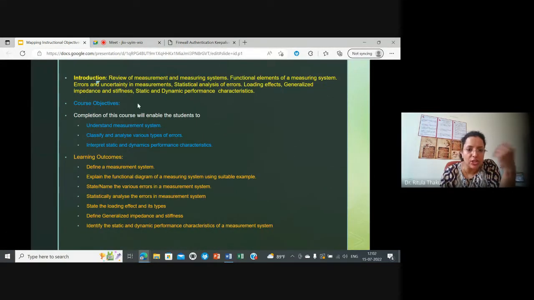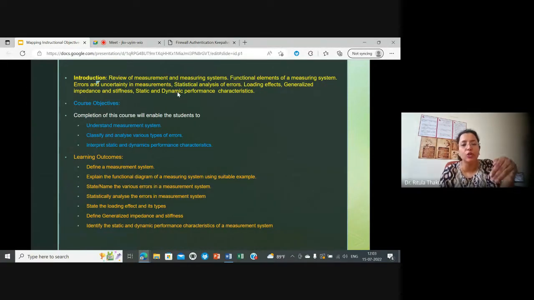From this particular chapter, I have made 3 course objectives. For example, completion of this course will enable the students to understand the measurement system, classify and analyze various types of errors, and interpret static and dynamic performance characteristics. These are the 3 course objectives I have made out of this particular chapter.